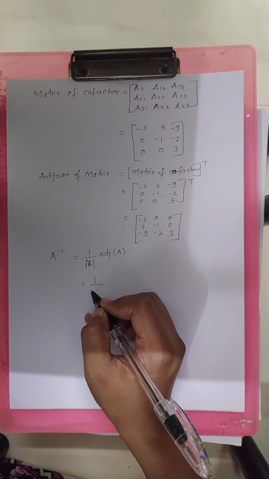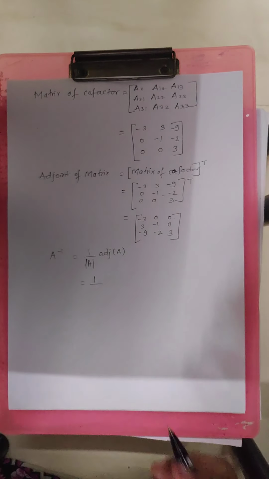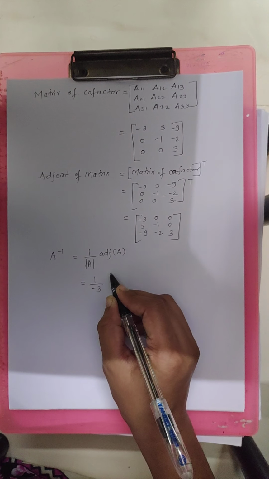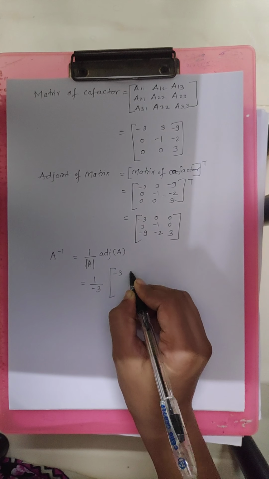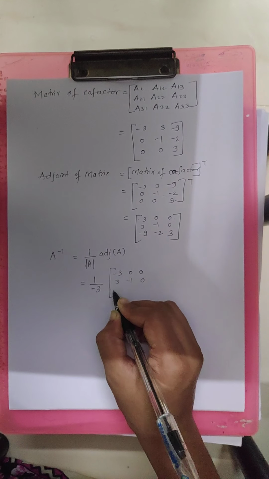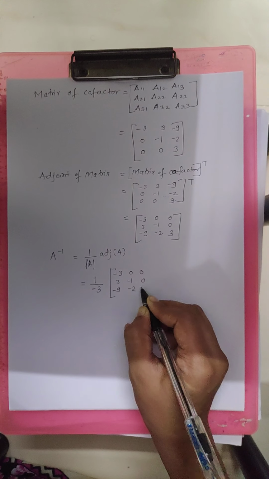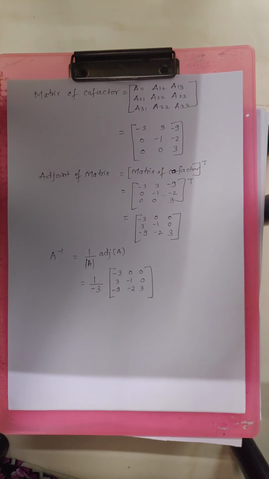We had found it on the previous page. This is the value of the determinant, minus 3. So substitute here minus 3, and the adjoint of A is minus 3, 0, 0, 3, minus 1, 0, minus 9, minus 2, 3. So this is the inverse of the given matrix.